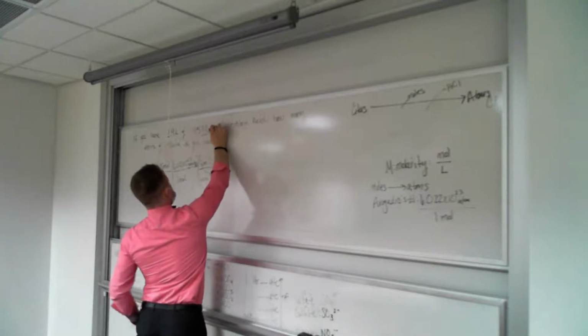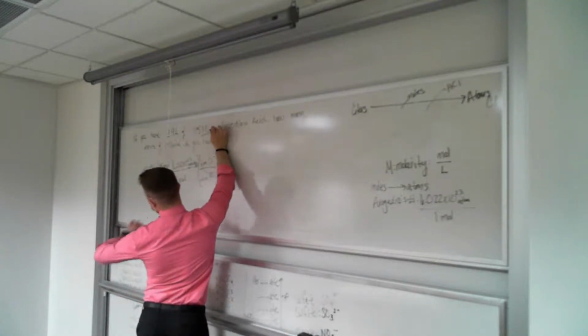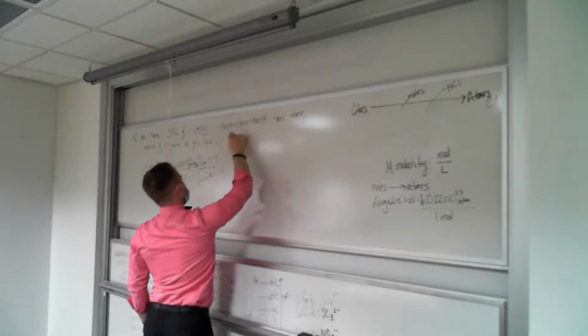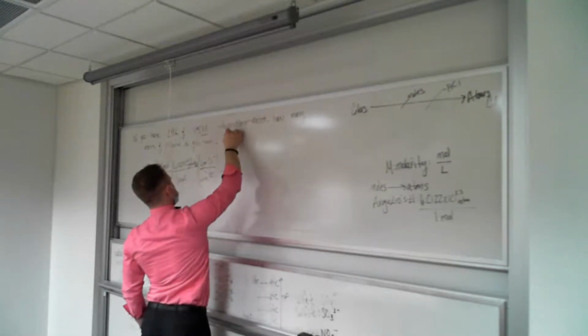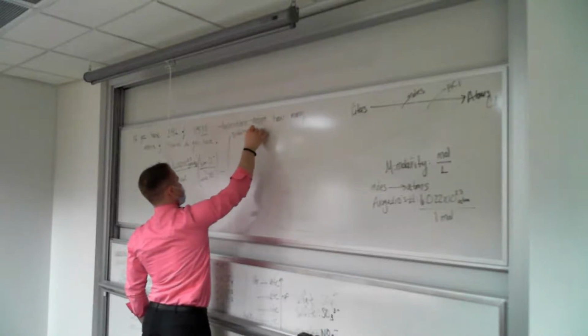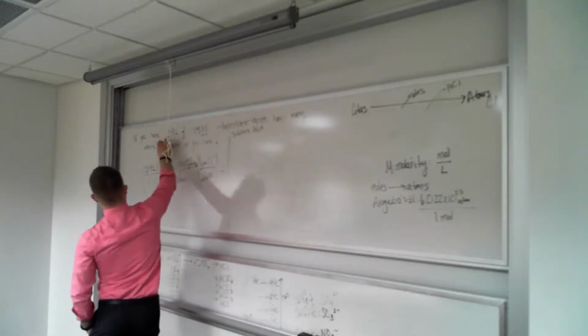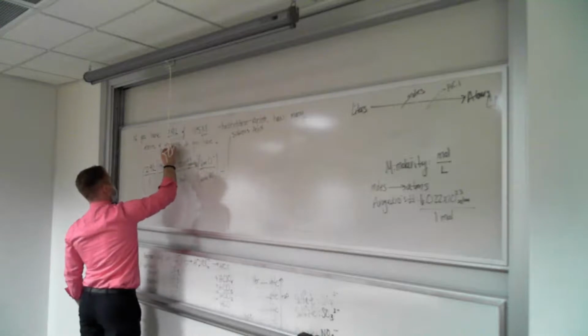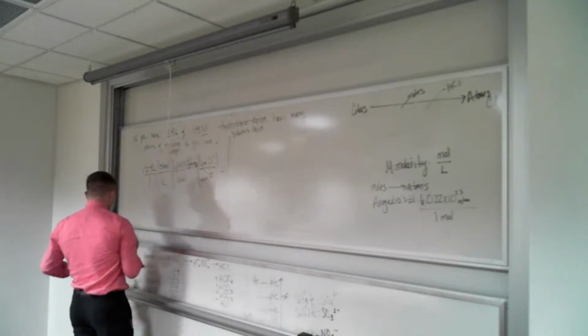Let's say, we'll do a second example of this. We're making good progress on it. So for our second example, I'll use sulfurous acid. And I want to know how many atoms of hydrogen I have.